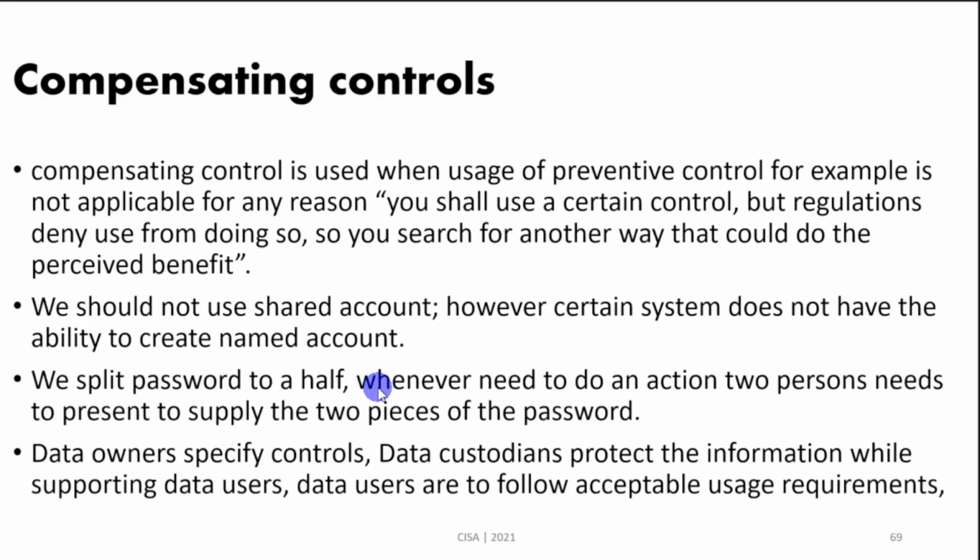So in this case, we can implement a one-time password by integrating this system with an OTP provider to do multi-factor authentication. Whenever anybody uses this shared account, he will be asked to provide a second authentication factor, which is linked to every individual and unique for every employee, so I can track who is using the shared account. Using a privileged access management server is a compensating control as well in this case.